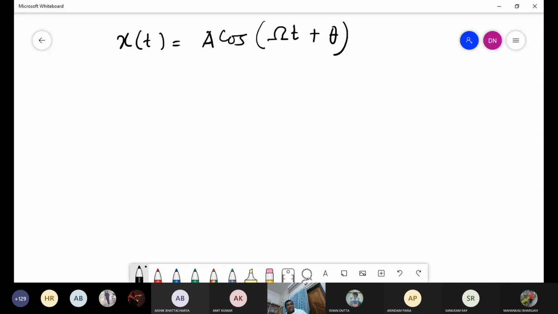This variable t is a continuous time variable. And suppose the range of t is given like this: minus infinity less than t less than infinity.